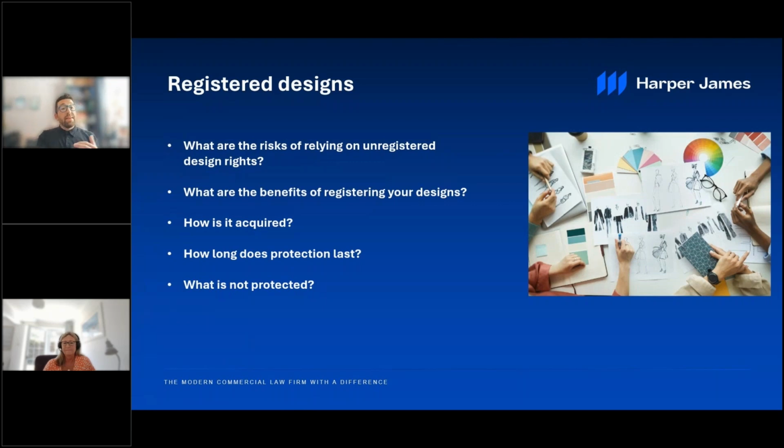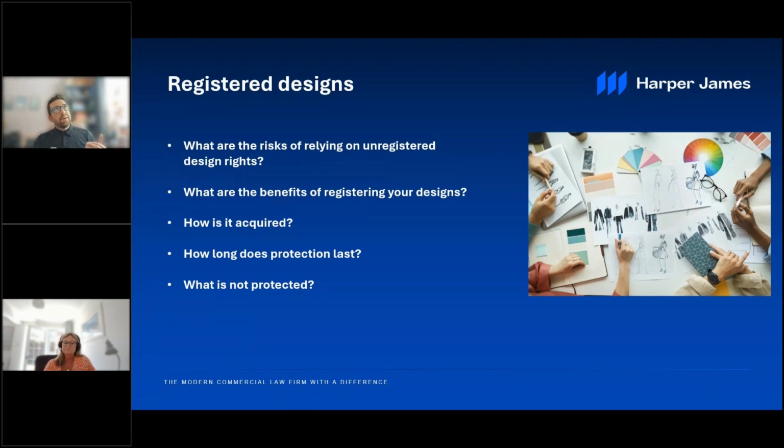There are things that aren't protected by a registered design, and that includes features of appearance that are dictated solely by the product's technical function, so things that have to be like that to make it work in that way. Must-fit parts, which I've already mentioned, and features that aren't visible during normal use. So the inner workings of whatever your product is are not going to be protected unless they are usually visible in normal use.